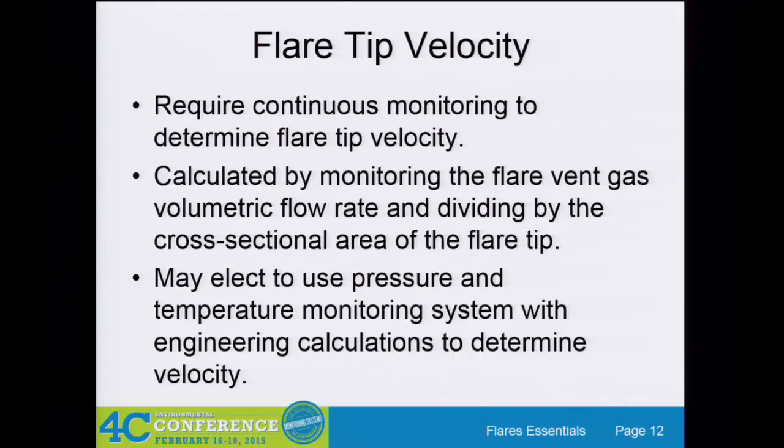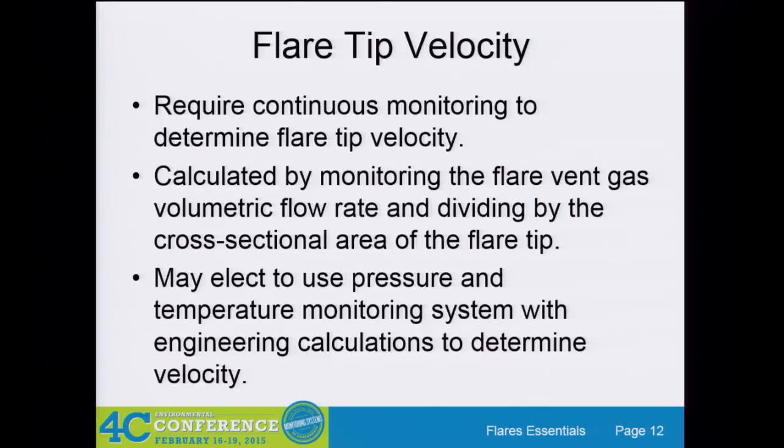Okay, also with the flare tip velocity, they also said that, you know what, refineries, your flow coming to your flares is highly variable. So before, where you just had to do a one-time performance test for 63.11 to demonstrate that you can meet that exit velocity, we think that's not strict enough. You need to have a way to show compliance with your exit velocity requirements at all times.